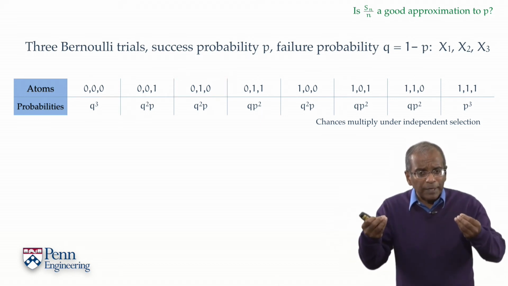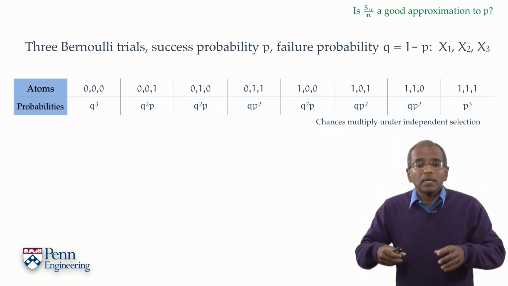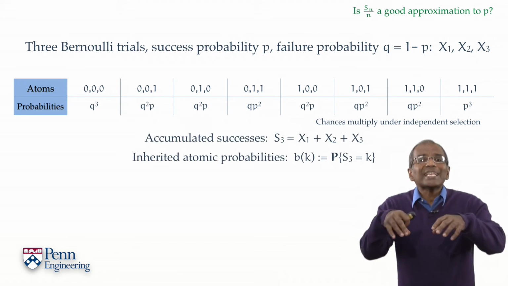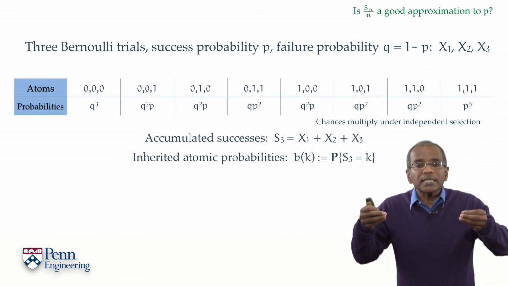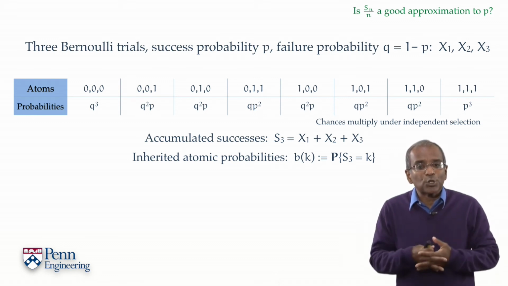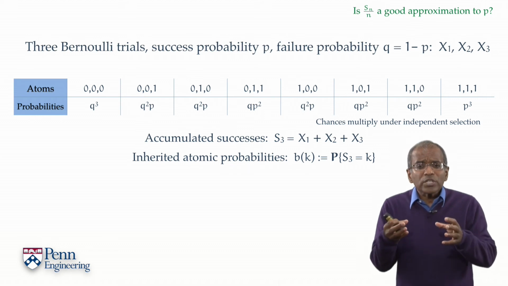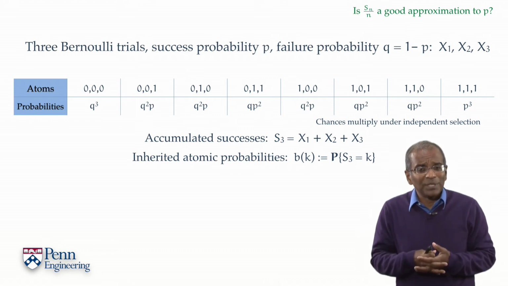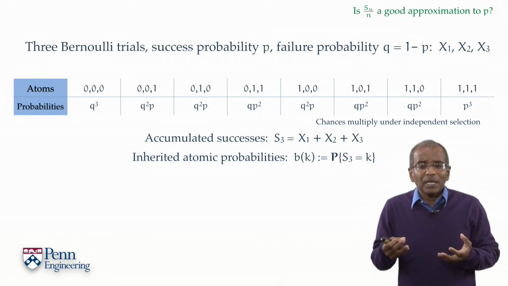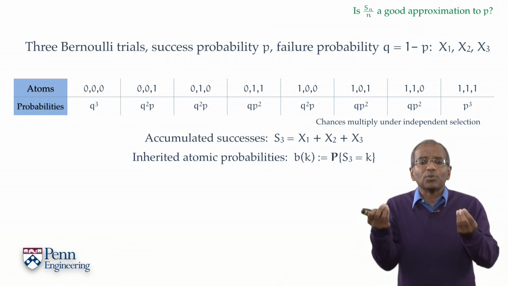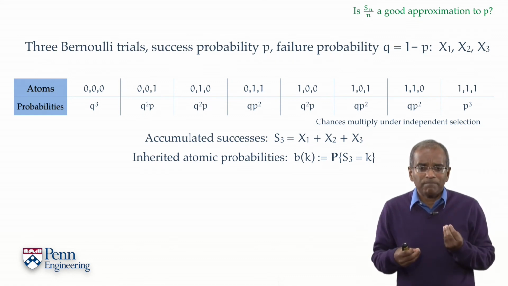Of course, we are very familiar now with this kind of setting. We promptly take this raw data and assemble it to form the accumulated successes in our sequence, x1 plus x2 plus x3, what we've called S sub 3. And of course, S3 is now a new chance variable. It inherits certain atomic probabilities. What is the chance that S3, the accumulated sum of 3 tosses, is k?